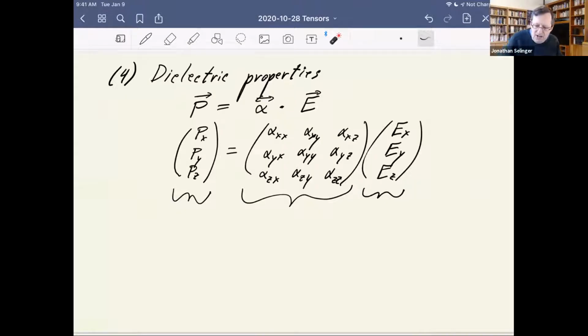So this is also an equation which does not depend on the choice of coordinate system, just as F equals ma is an equation which does not depend on the choice of coordinate system.